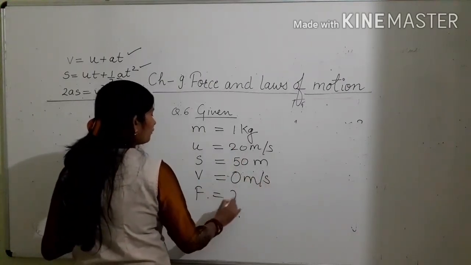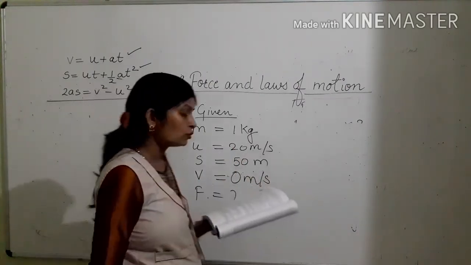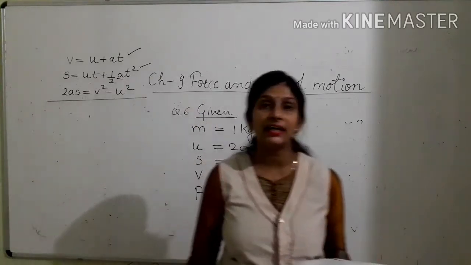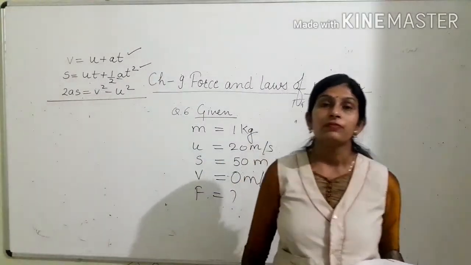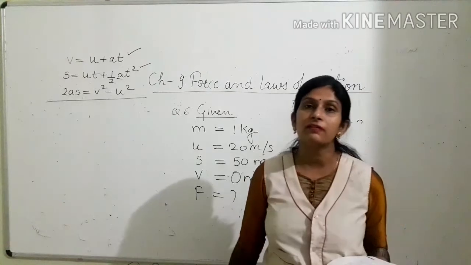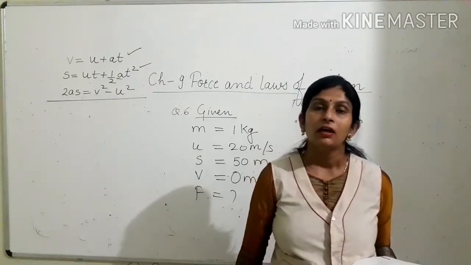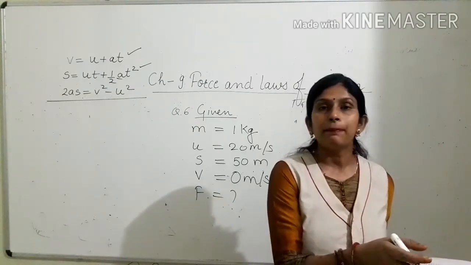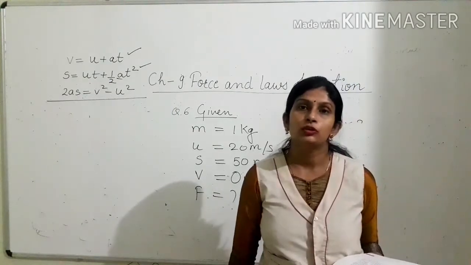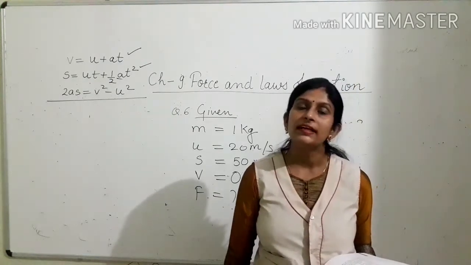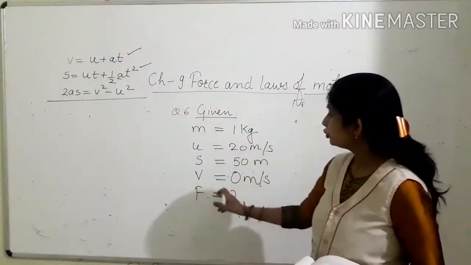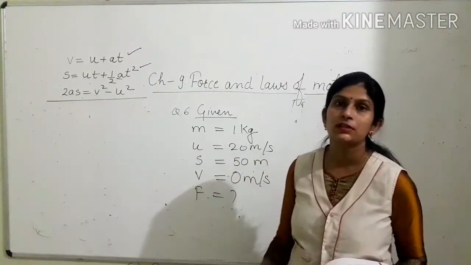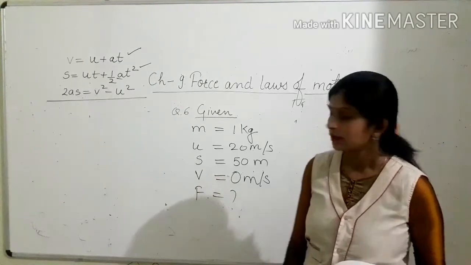Now you have to find the force of friction between the stone and the ice. Means that frozen surface of the lake, which is made up of ice, how much frictional force does it apply on the stone so that the stone comes to rest. So you have to find the frictional force.